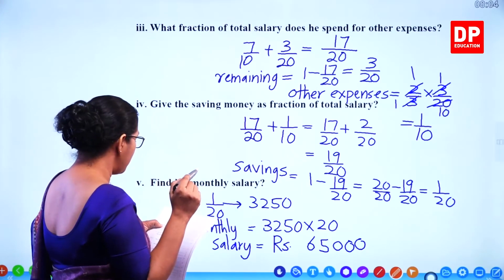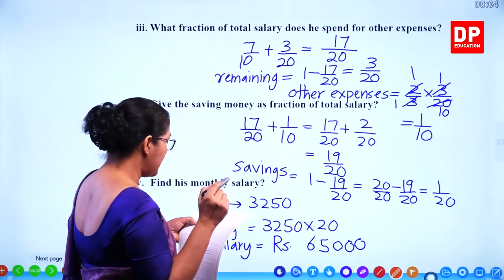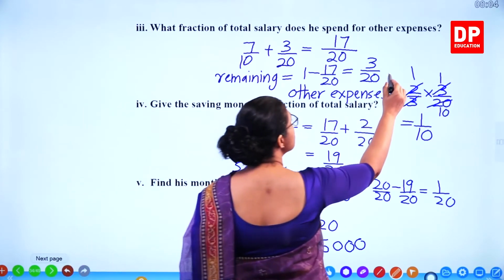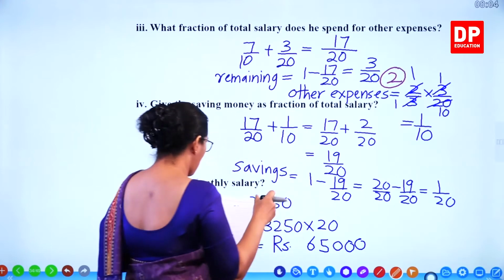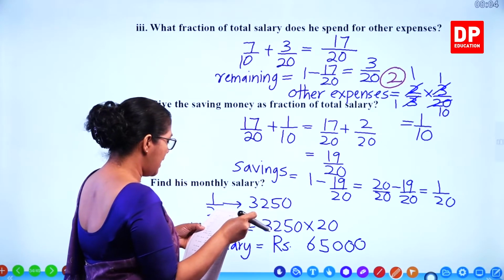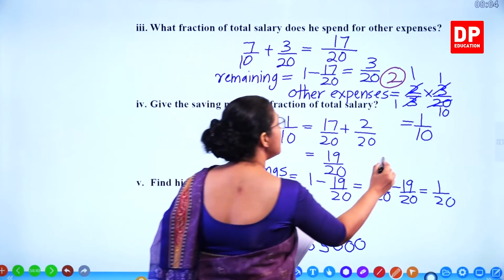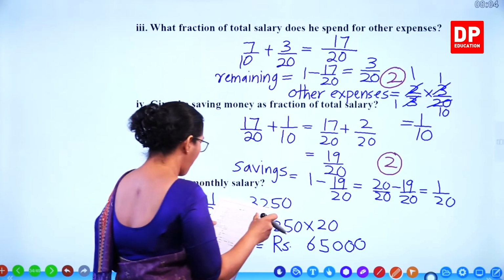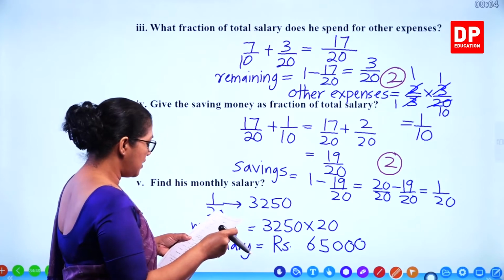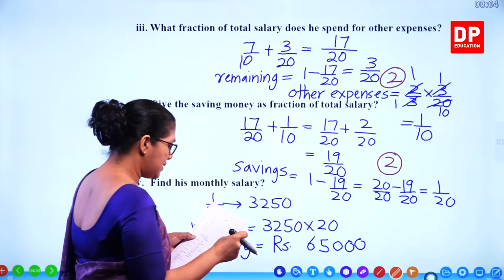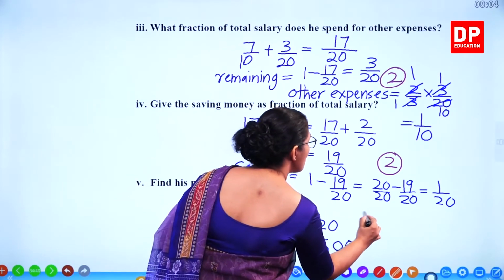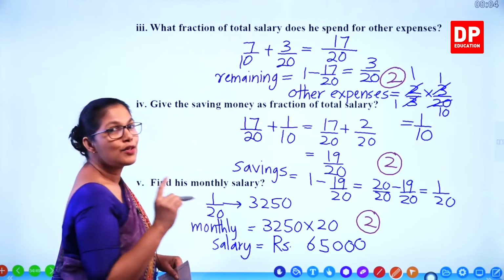And this one, you get 1/10. That's also 2 marks. 6 altogether. And then 1/20 is savings. Again, 2 marks. And the last part, you get 65,000 rupees. That's also 2 marks. So 5 parts, each part 2 marks.